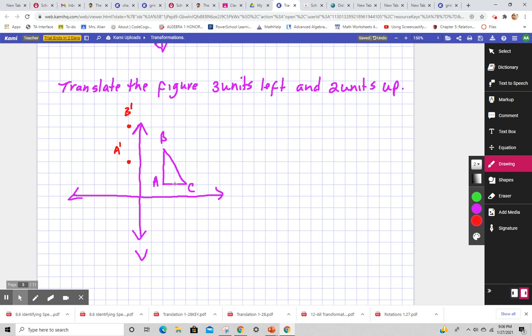C. 3 units left, 1, 2, 3, and 2 units up, 1, 2. C prime. And that's it. And this concludes this quick review of transformations.